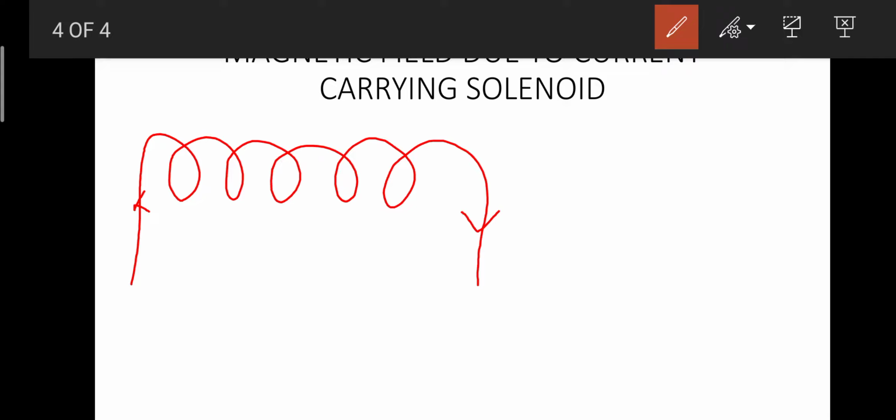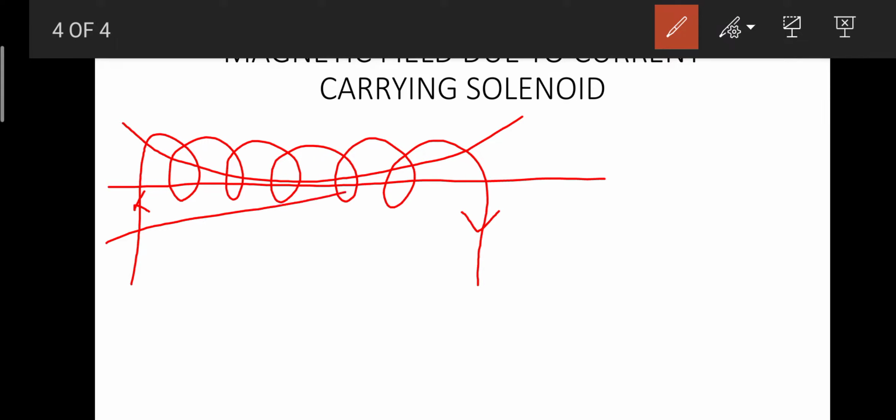We have read in our previous classes that the field of the solenoid is basically straight inside the solenoid.